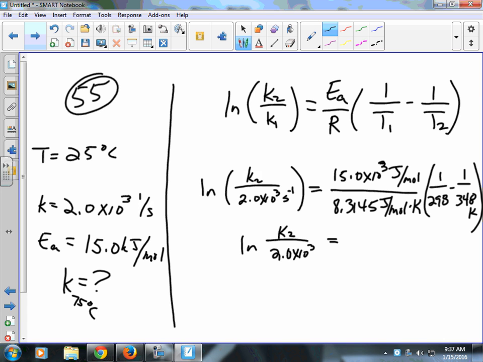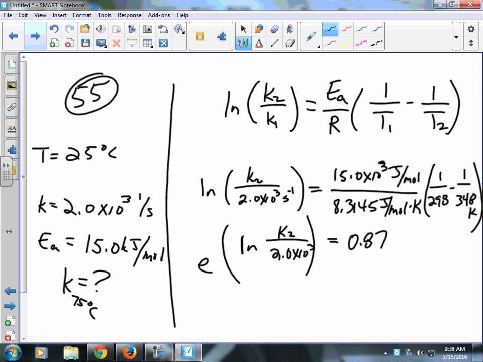So then we are going to isolate K2. How do you undo a natural log? E, right? So we take E to both sides, and that undoes the ln.